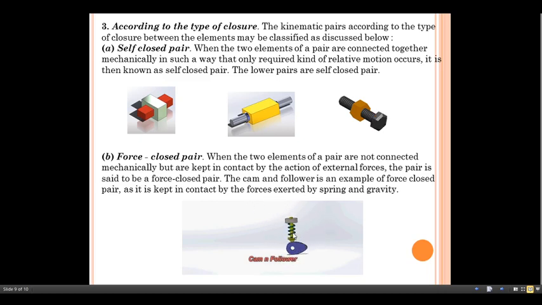The cam and follower is an example of a force closed pair, as it is kept in contact by forces exerted by spring and gravity. Here the cam and follower example is in front of you. Whatever the contact between cam and follower is, it is because of the spring control.